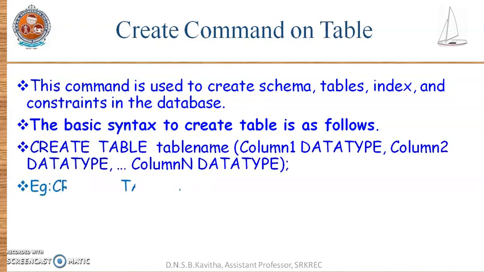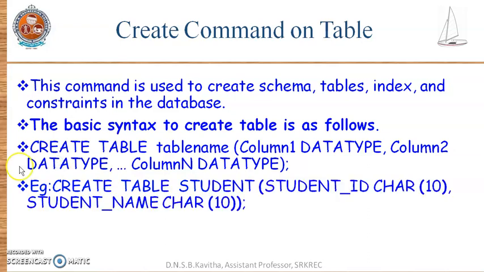And then let us see an example with the help of this create command. We use create followed by table, and then see here we are specifying the table name, student. And then we are specifying what are the attributes which are present in that student table. One attribute is student ID and followed by its data type, that is character, because few student numbers include characters also.